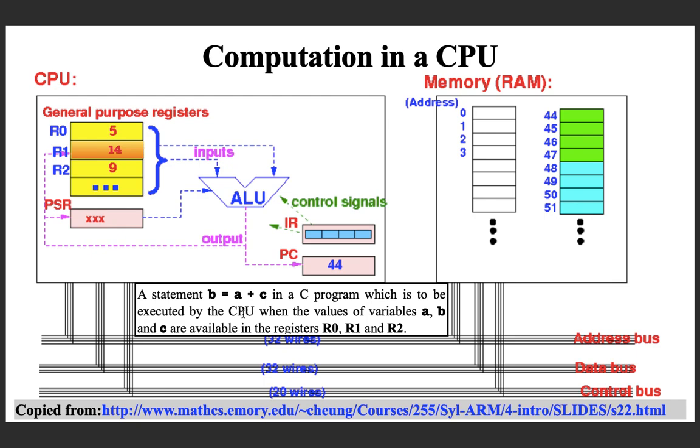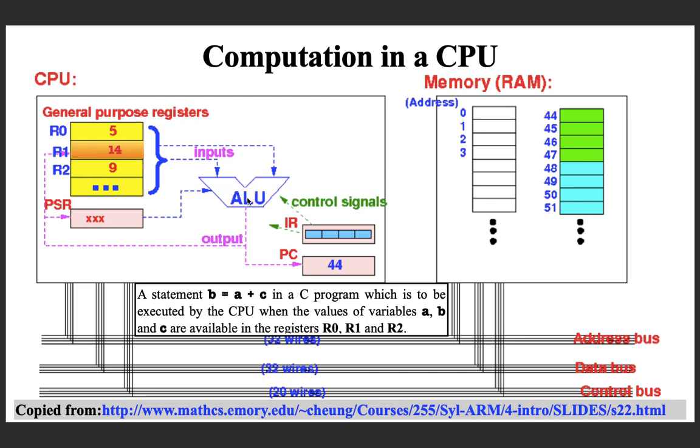Now assume that the value of A is available in the register R0 and the value of C is available in the register R2, and you have to find the sum of A and C and then assign it to B. Suppose that B is represented by the register R1. So basically what the arithmetic and logic unit needs to do is take the input from R0 and R2, which is 5 and 9, and perform addition in the arithmetic logic unit.